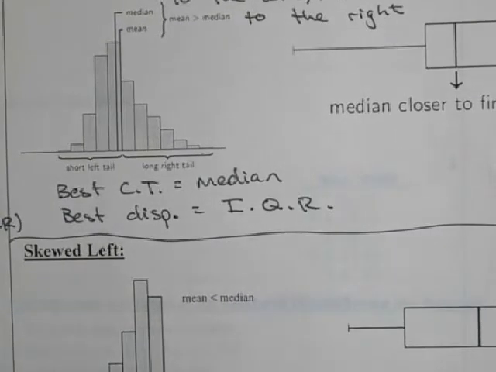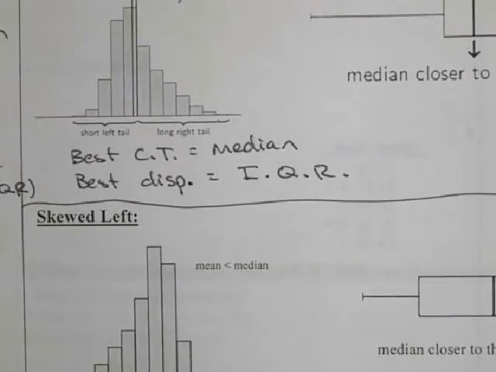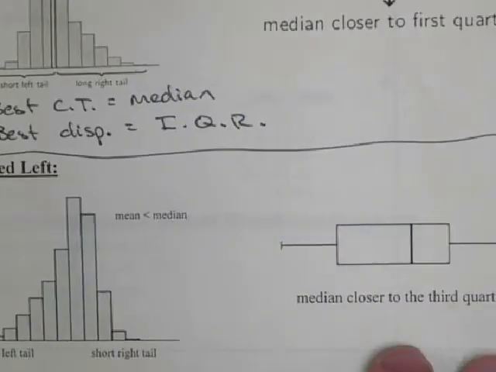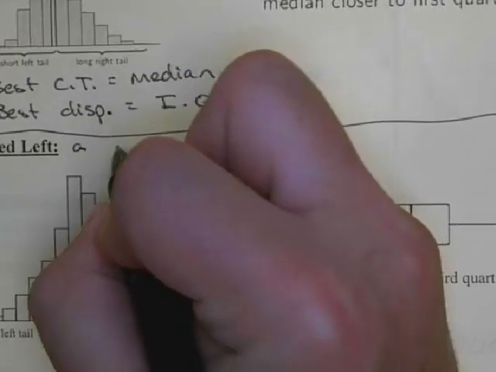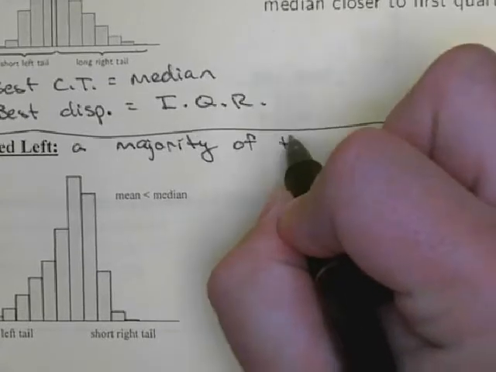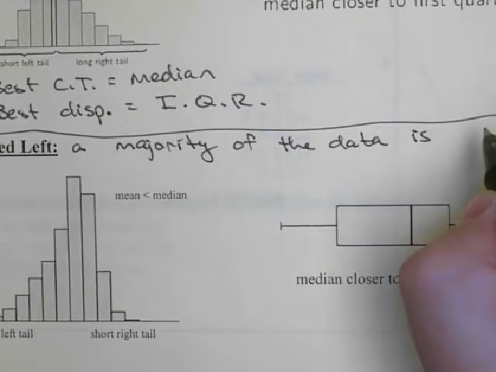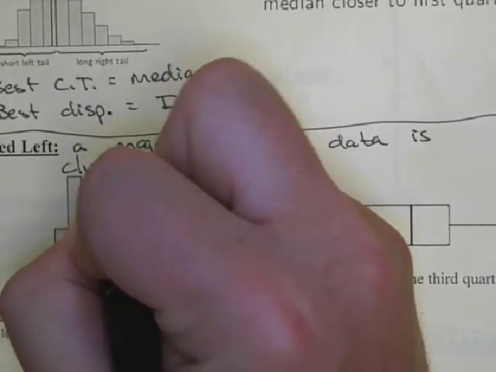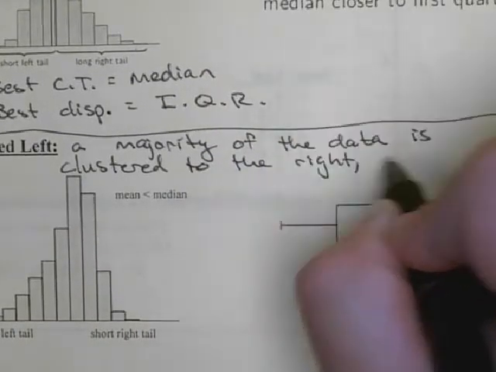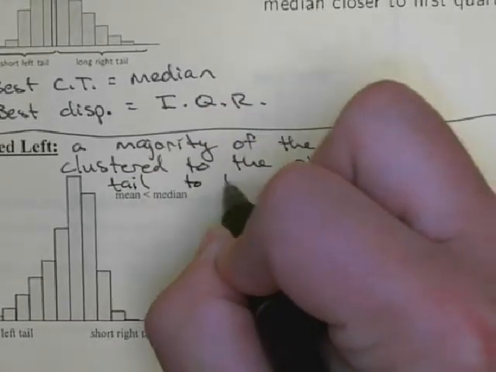Now, skewed left is quite similar to skewed right, except it's just the opposite. A majority of the data is clustered to the right with a tail to the left.